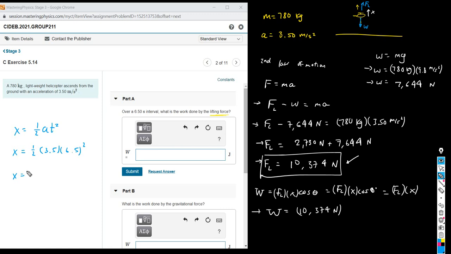So it's going to be 73.93 meters. That's going to be the displacement. So let me go back here to my formula. We have the displacement here, so I'm going to put it right there, 73.93 meters.